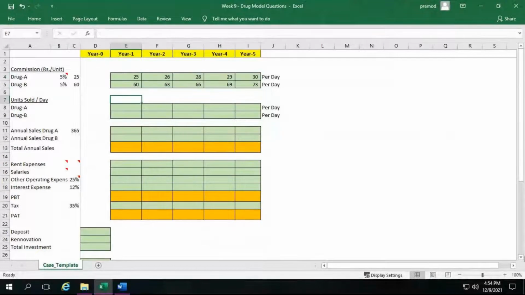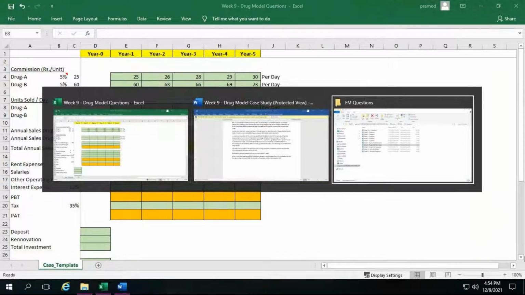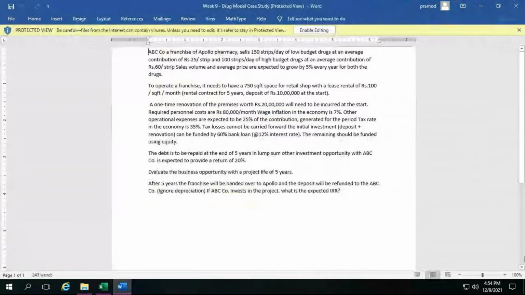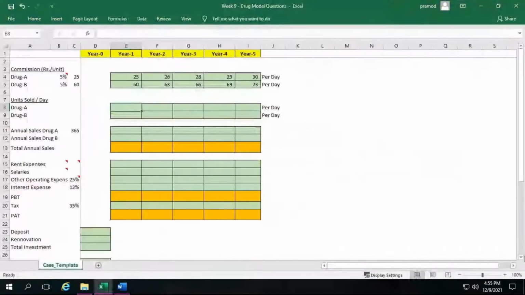In the same manner, bracket, it is 150 per strip and 100 strips. Same with the 5%. So 150, 100.